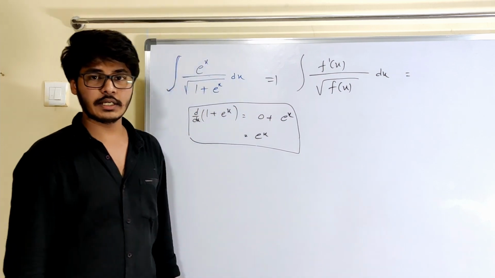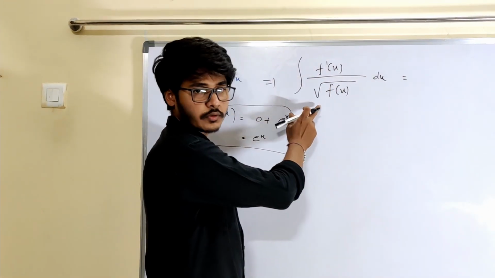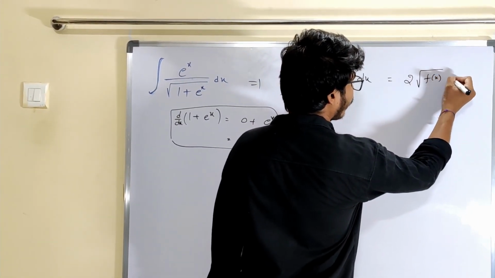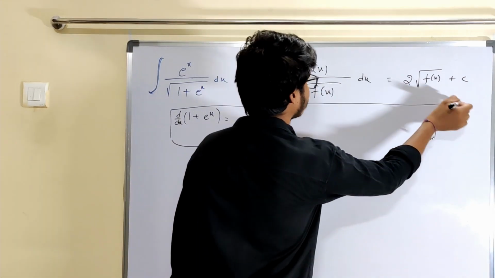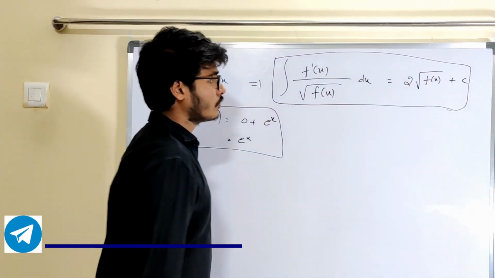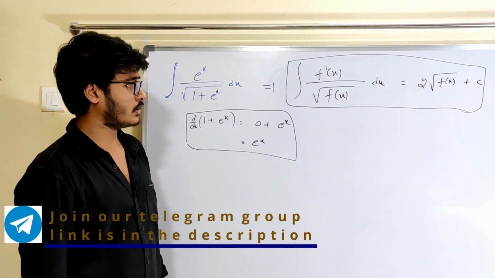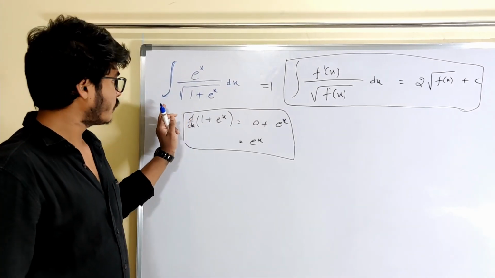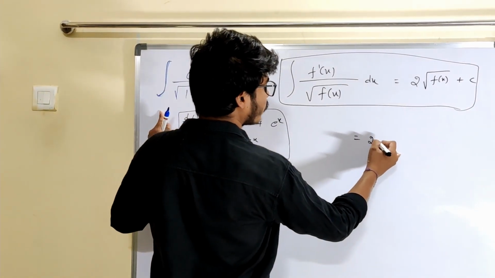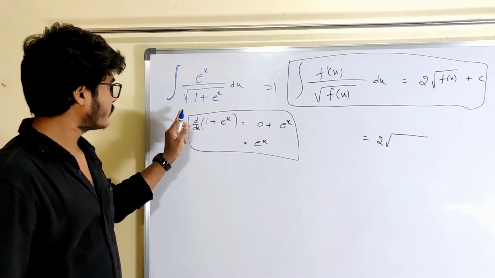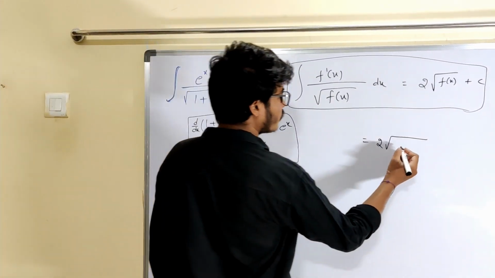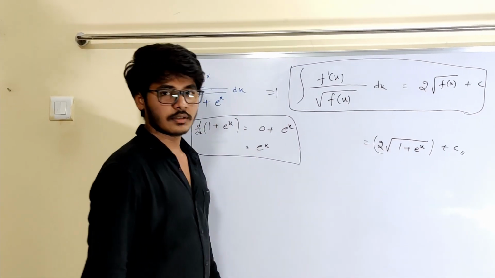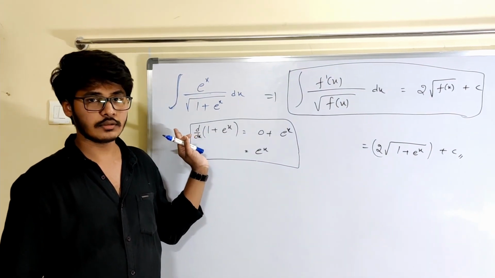This can be directly written as integral f dash of x by square root of f of x dx is equal to 2 into root f of x plus c. So the solution for our question is 2 into square root of f of x, which is 1 plus e power x. So 2 into square root of 1 plus e power x plus c. This is the solution for our given question.